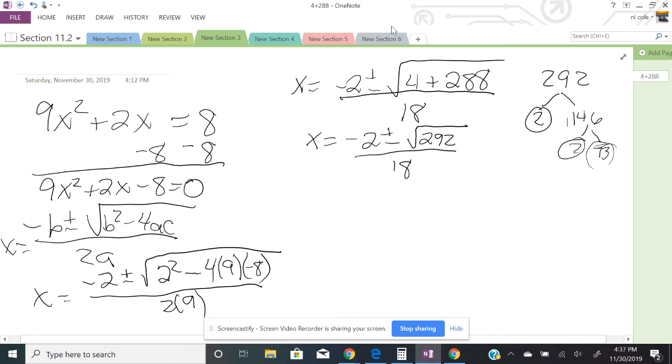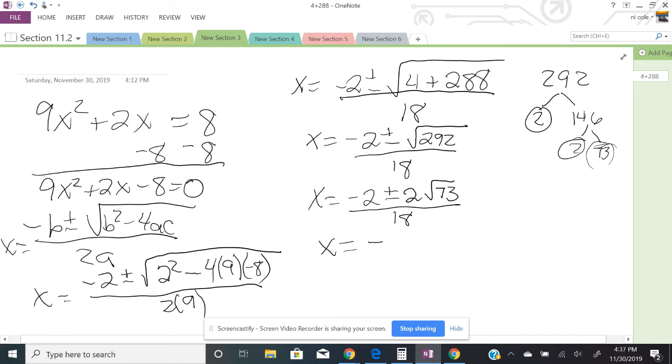So a 2 would pop out of the radical. Therefore, x is equal to negative 2 plus or minus 2 square root of 73, over 18. The negative 2, the 2 in front of the radical, and the 18 all have 2 in common, so I simplify that.